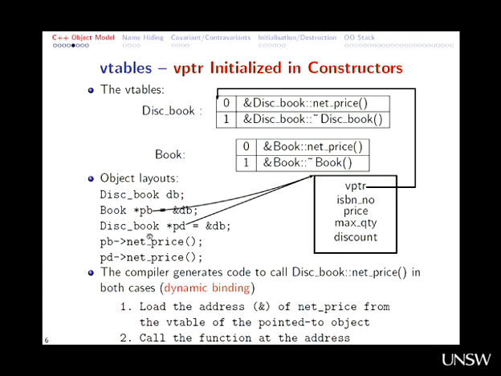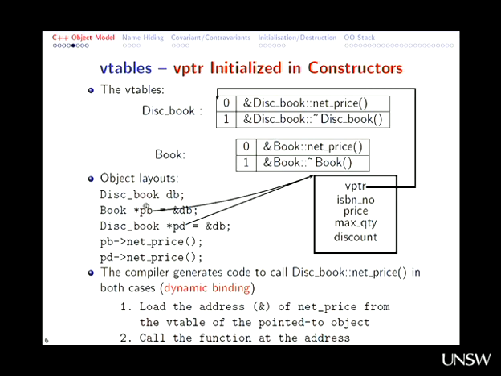However, when there's the call to net price, so pb pointing to net price, because at the top of this structure is the V-pointer off to the vtable, and the V-pointer for this discounted book object is correctly pointing to the vtable for the discounted book, it will always go and look at that vtable, regardless of whether it's being treated as a book or discounted book.